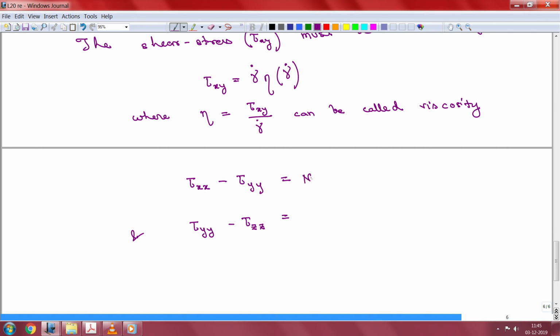And you can write the first normal stress difference as some n1, which is an unknown function dependent on gamma dot, and the second normal stress difference as n2, and these are even functions, but they are 0 at gamma dot equal to 0.